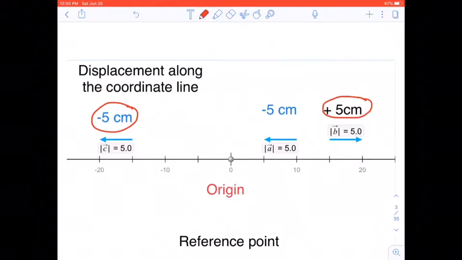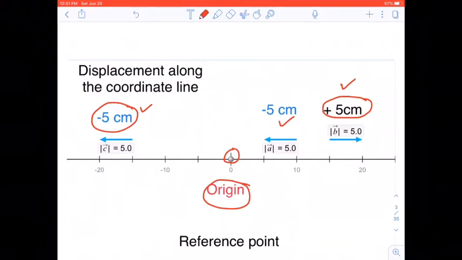So for this vector the direction is towards the right, that vector's direction is towards the left, and here you have this vector where the direction is towards the left. So you see the directions are different, and that's your origin, your 0, your reference from where we are measuring our vectors.